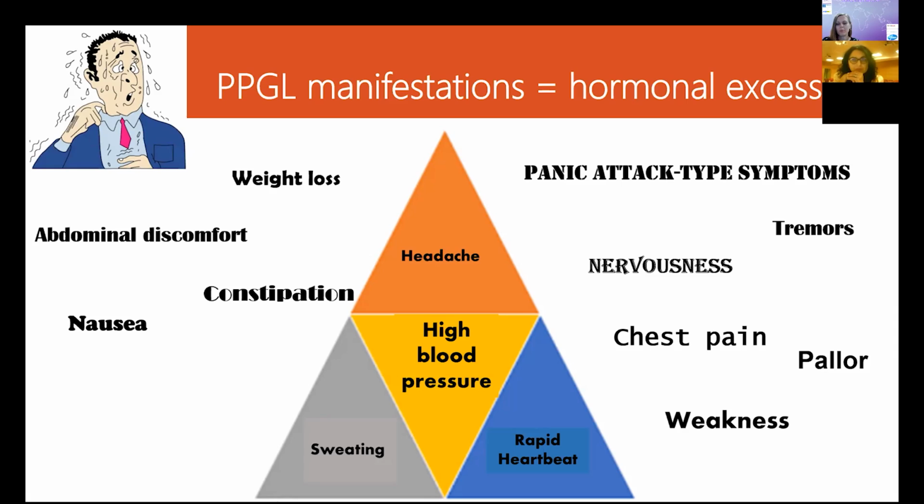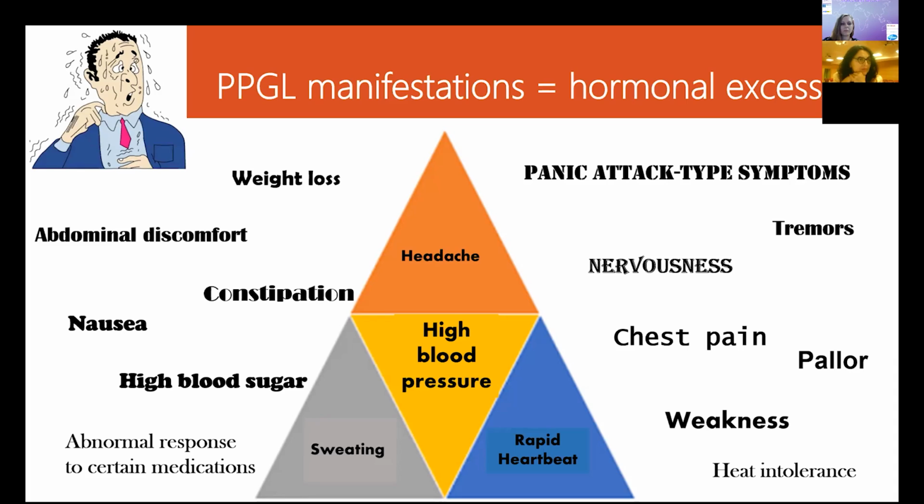Some patients develop chest pain, and the first presentation of pheochromocytoma or paraganglioma can be myocardial infarction. They often are pale, they feel weak.